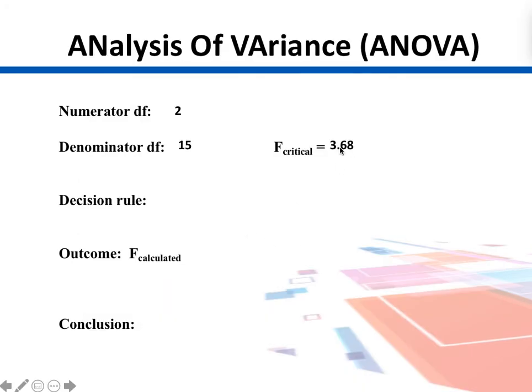So our F should be greater than this 3.68 in order to reject the null hypothesis, and that is possible if we get the numerator significantly higher than this denominator. So our decision rule will reject the null hypothesis if our F calculated is greater than this F critical, that is 3.68 here.